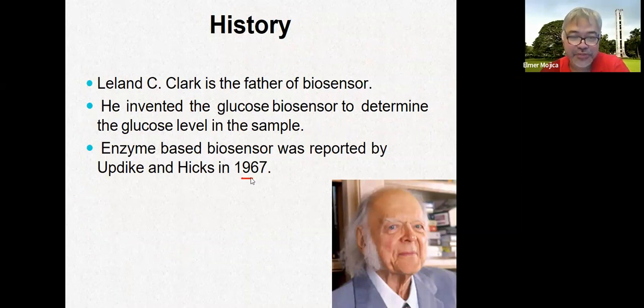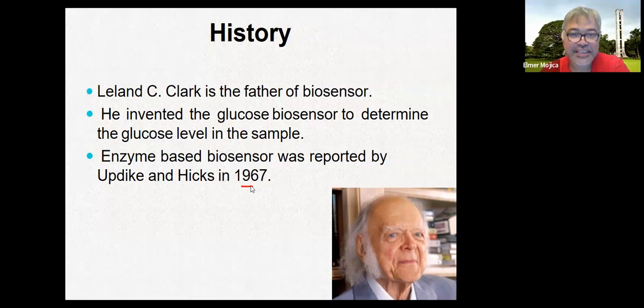So what do you think the biosensor was used for? Saan nyo, sa tingin nyo, saan ginamit yung biosensor na yun? The one that was developed by Updike and Hicks. Anyone? The same thing as what Clark developed.